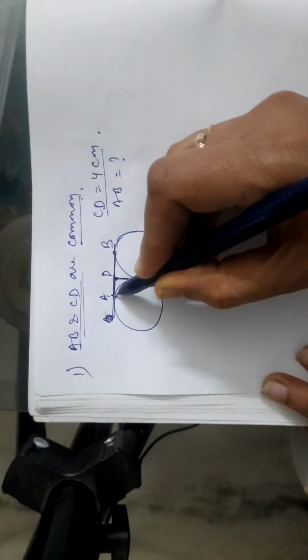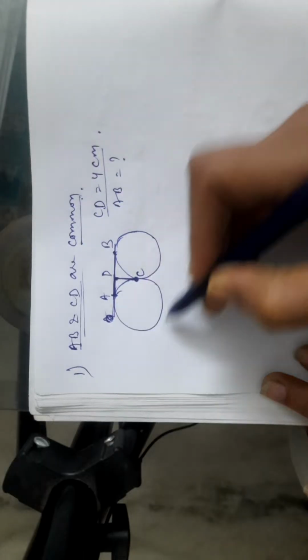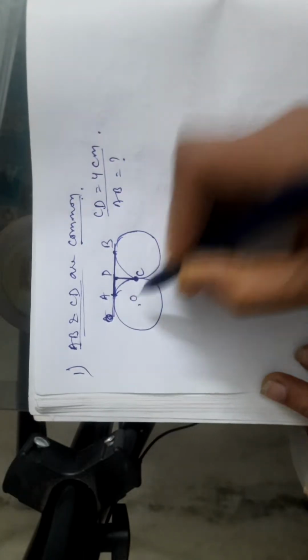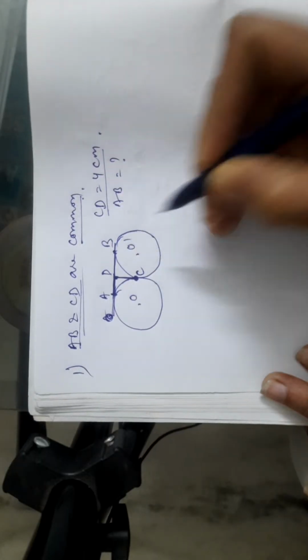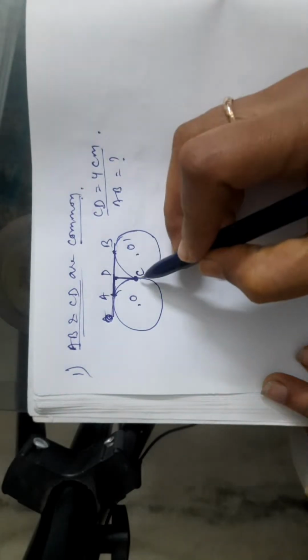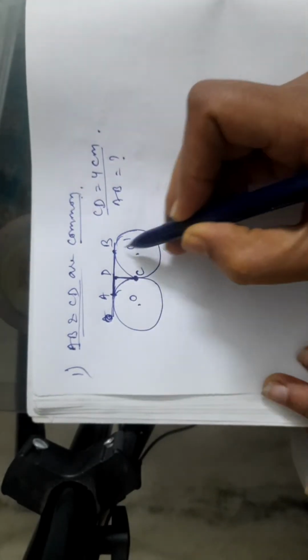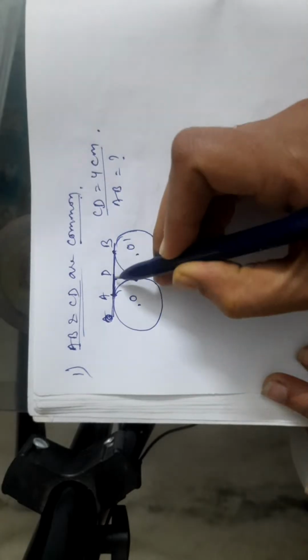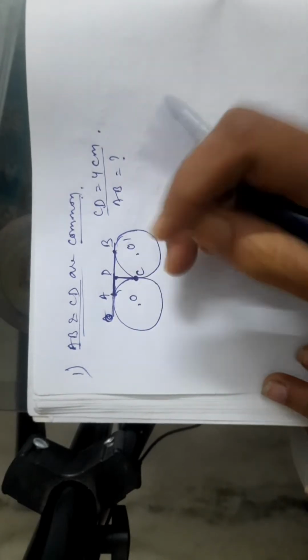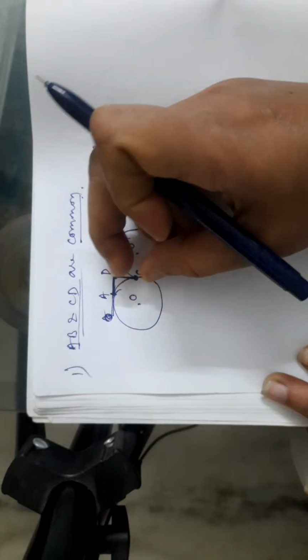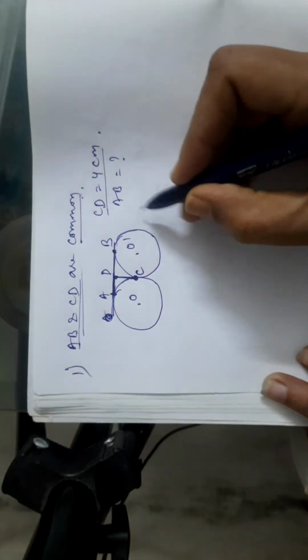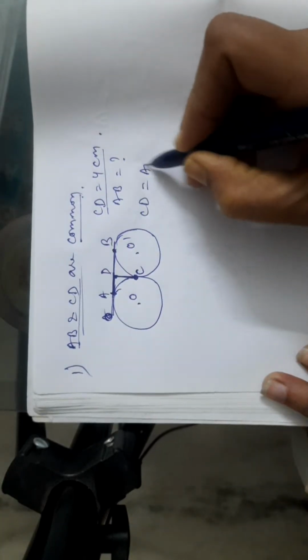CD and AD are tangents to the first circle. Let the center be O and the other one have center O dash. CD is touching the circle with center O dash at B. We need to find the value of AB. The tangents are equal, so CD is equal to AD.